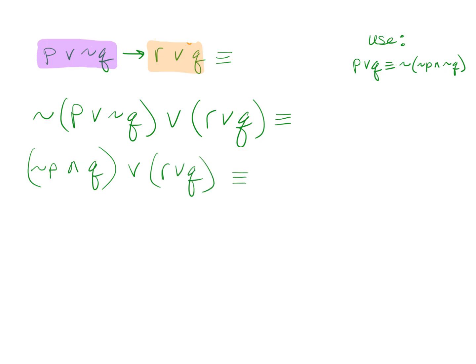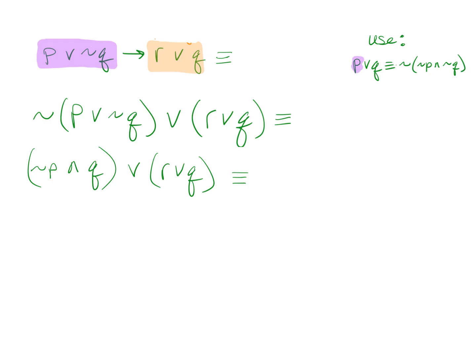I'm just writing the rest of this down. So I got rid of the first or. That or is gone. Don't have to worry about it. Now I'm going to use this given logical equivalence to get rid of this or in the middle. This half of my or statement is going to play the role of P, and this half is going to play the role of Q. I'm going to use some colors to show what we're doing here.